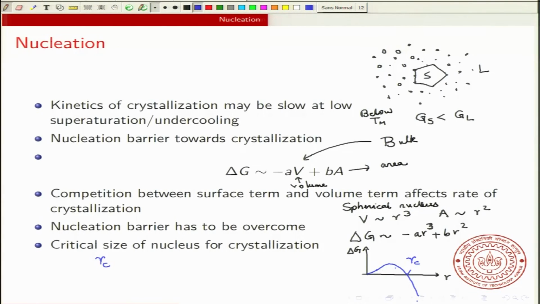So initially, until this critical nucleus is formed, your rate of crystallization is very slow, and once you form this critical nucleus, then the rate of crystallization is fast. This is something that you have seen in some of your chemistry labs, that initially the crystallization is very slow, sometimes you shake it or you stir it, and then the crystallization becomes fast.